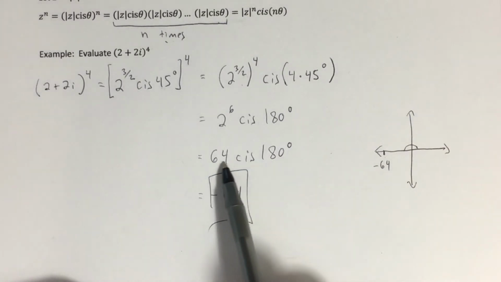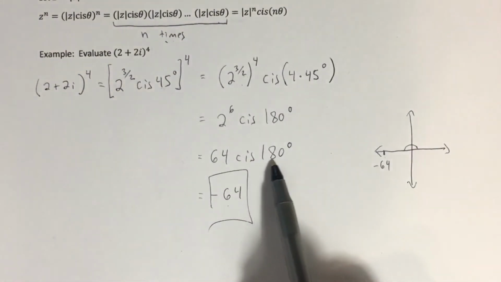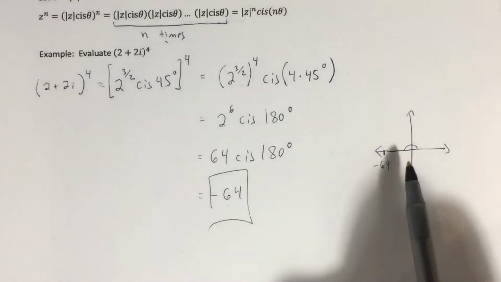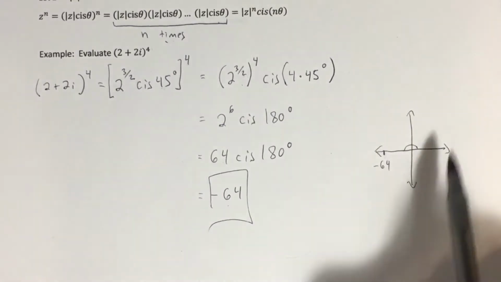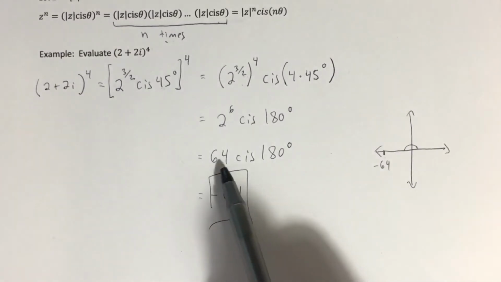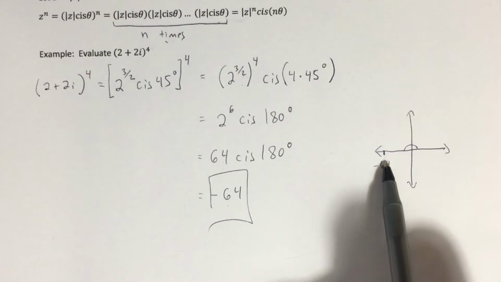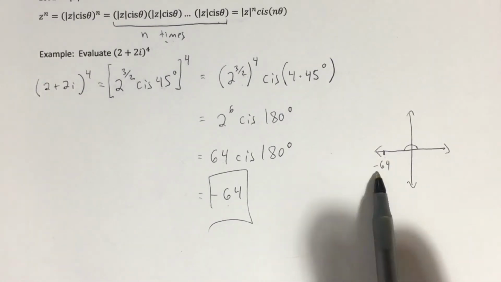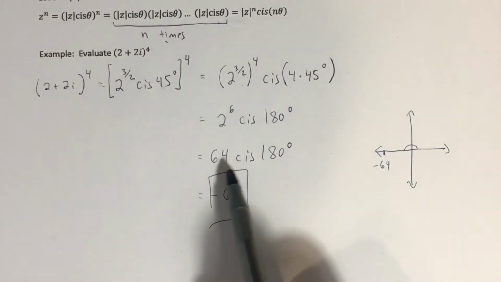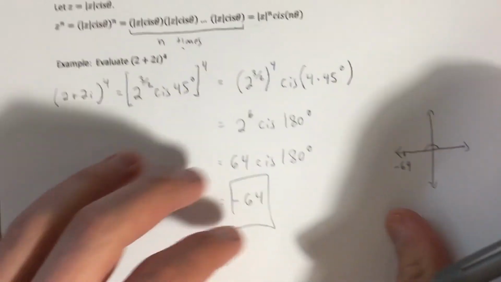And again, you can use the conversion formulas that we talked about previously to do that, but with an angle like 180 degrees, it's very easy to visualize that. If this is the complex plane, 180 degrees takes me to the negative real axis, and 64 units away from 0 on that part of the real axis takes me to the real number negative 64. So I can visualize that easily enough. This is the same thing as negative 64, the real number negative 64.